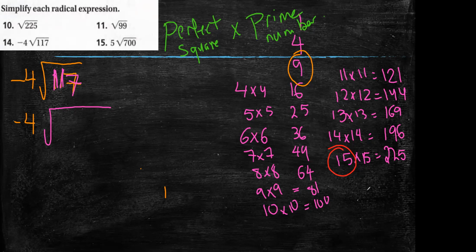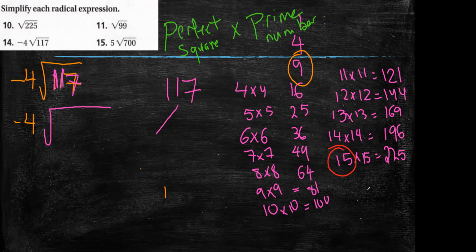I give you these things just to make it easier for you. How can we factorize 117? Let's use the factor tree.